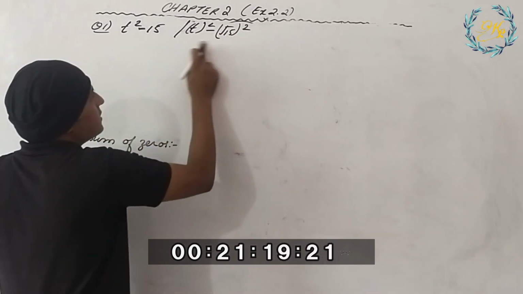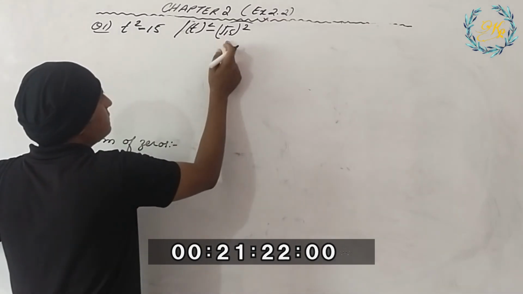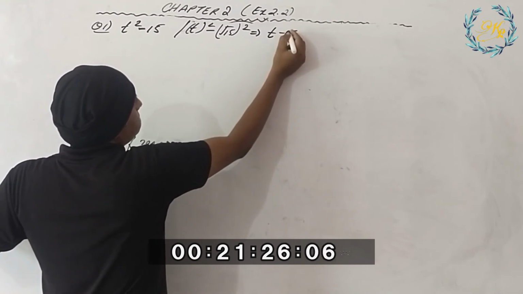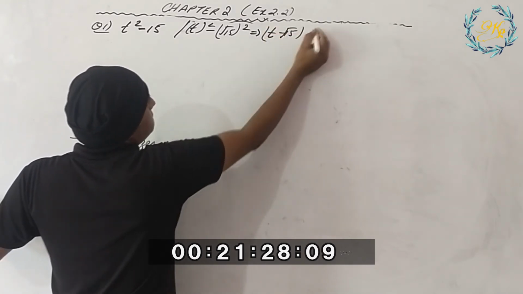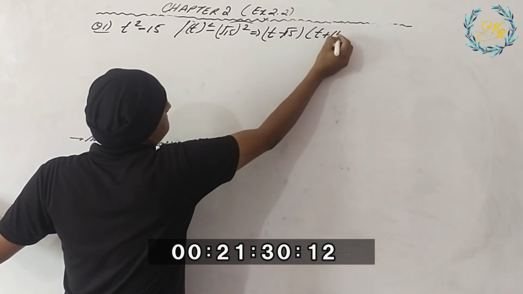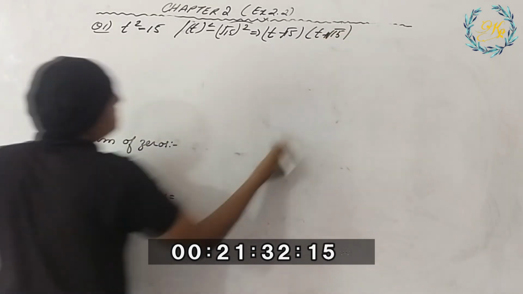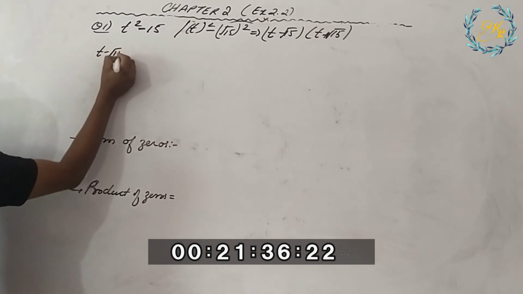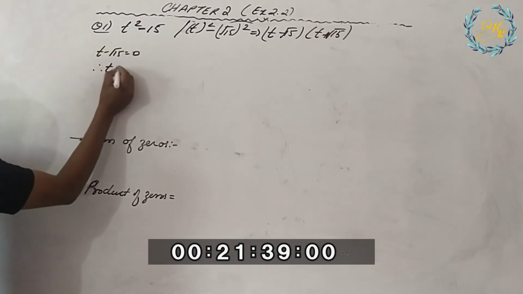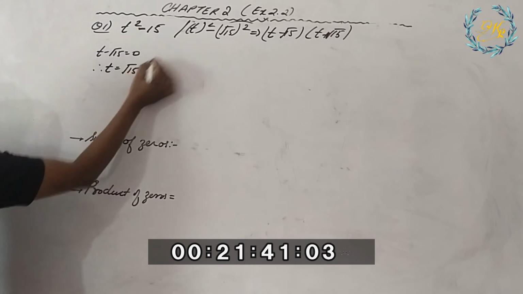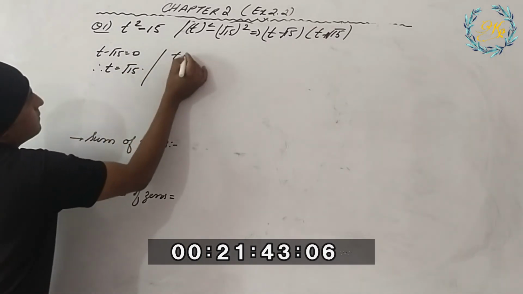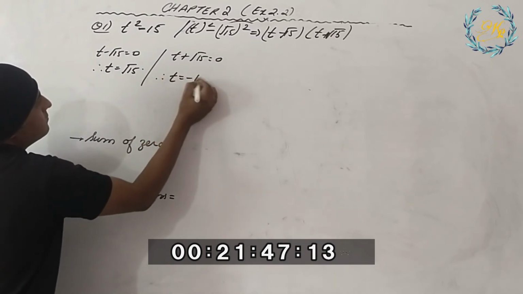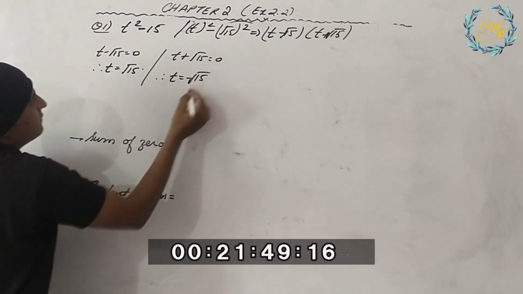This value is compared to the formula a square minus b square, which is going to give me a minus b and a plus b. Now taking those values and comparing with 0, t minus root 15 is equal to 0, therefore t is equal to plus root 15. Second value, t plus root 15 is equal to 0, therefore t is equal to minus under root 15.